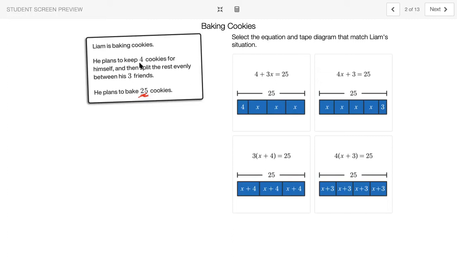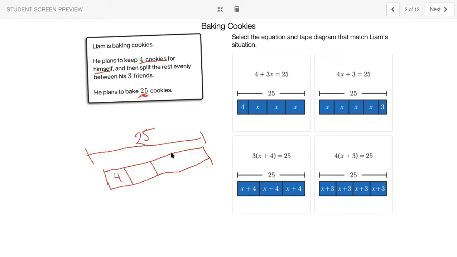He plans to keep 4 cookies for himself and then split the rest evenly. So I know he's going to have 25 cookies altogether. And I know of that 25, 4 will remain to him. There's our 4. And then he's going to take the rest and break it up into 3 equal amounts, which should be his friends.